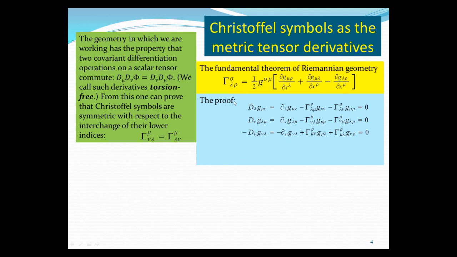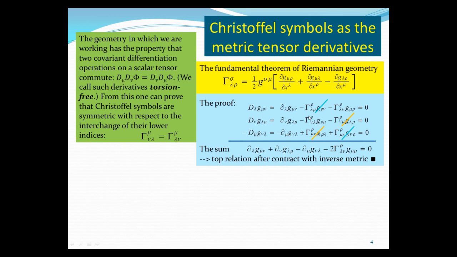Remember, we said the metric is covariantly constant, so I can write the covariant constancy equation, and repeat it two more times by cyclically permuting indices. Here is lambda mu nu, then I push the lambda over to get lambda mu nu cyclically permuted this way, and then permuted the same way again. They are all equal to 0.